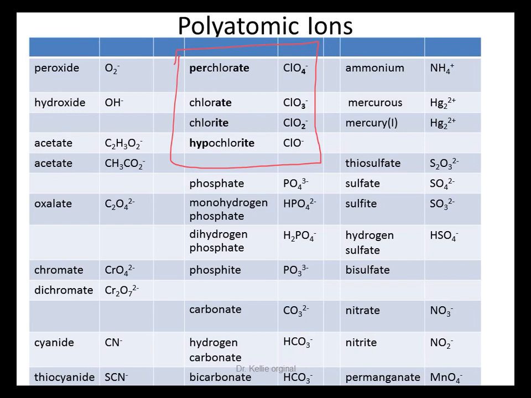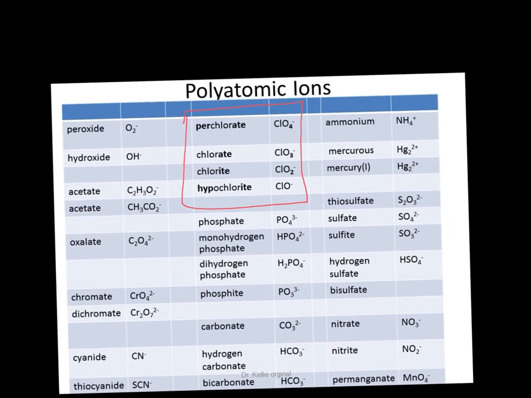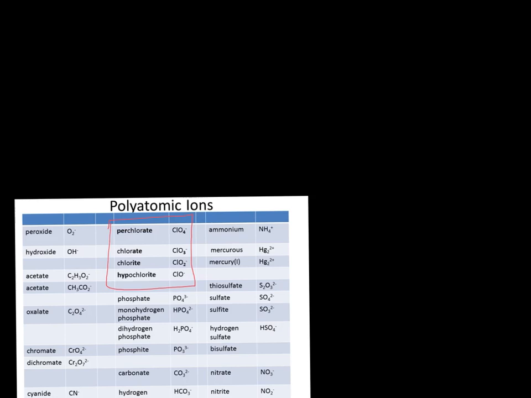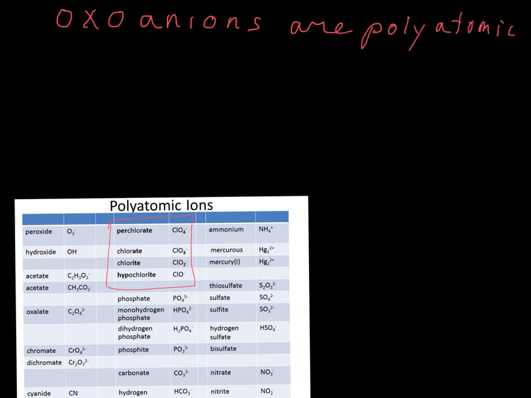These polyatomic ions, perchlorate, chlorate, chlorite, and hypochlorite, are what are known as oxyanions. Oxyanions are polyatomic ions containing oxygen. There is actually a systematized method of naming oxyanions.